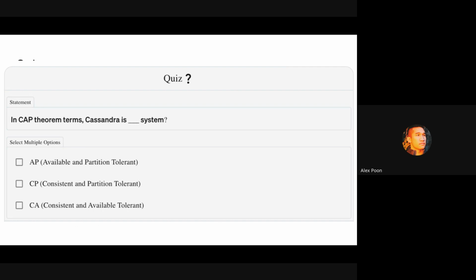So I'm going to say AP, CP, and CA, and then here's the poll. For those of you here, you're seeing people coming in with votes.